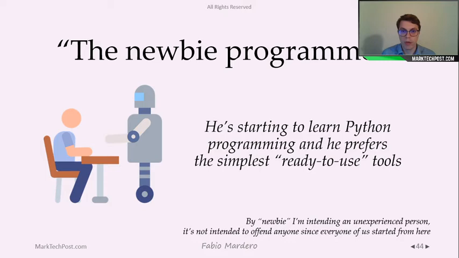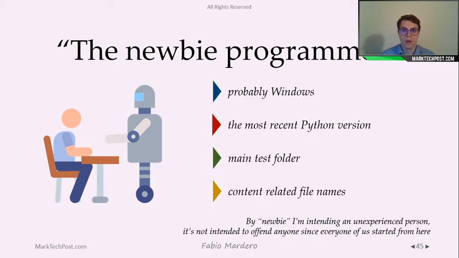So, not knowing anything about Python, what would we prefer? Well, a newbie programmer is starting to learn Python programming, so he prefers the simplest, ready-to-use tools. For example, he will probably use Windows. Probably he will use the most recent Python version because of the documentation and the compatibility with all the libraries.